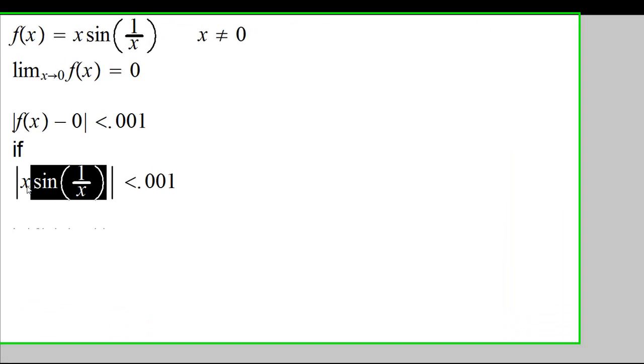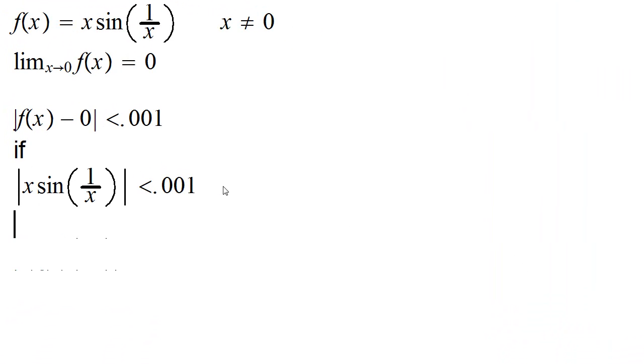So this product is x times a quantity which is always less than or equal to 1. So if we took only x less than 0.001, this product will have to be less than 0.001.